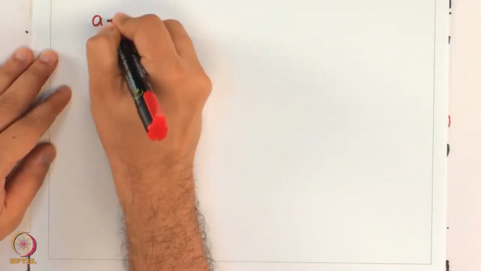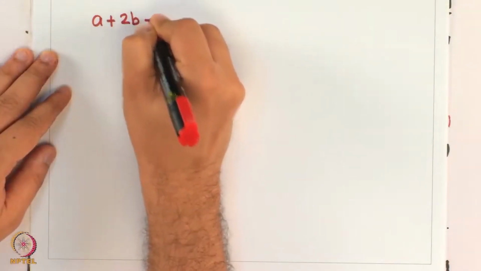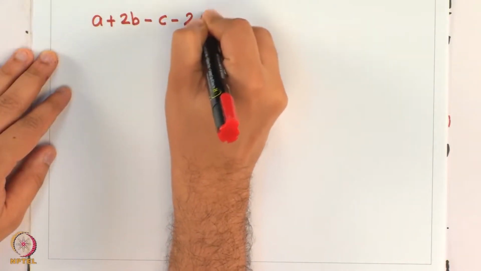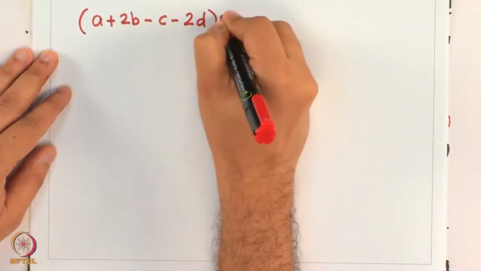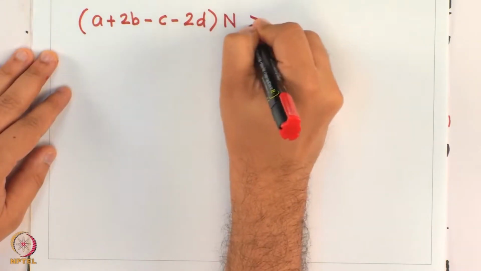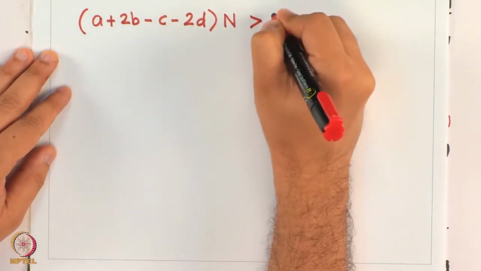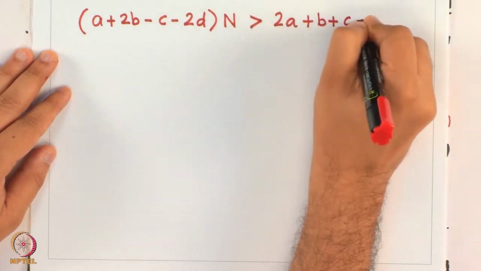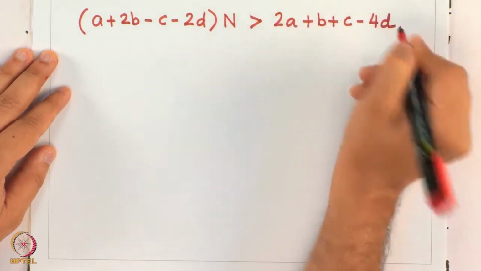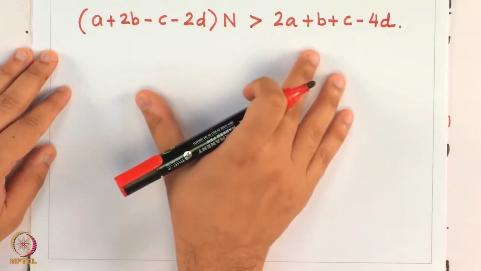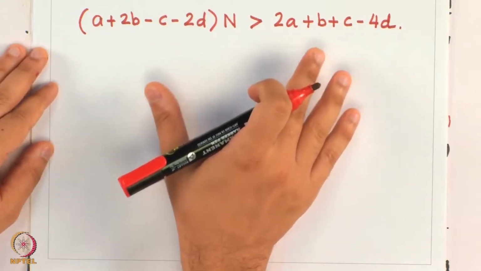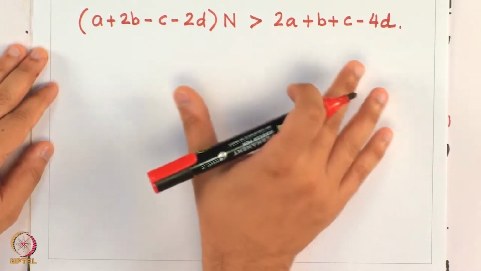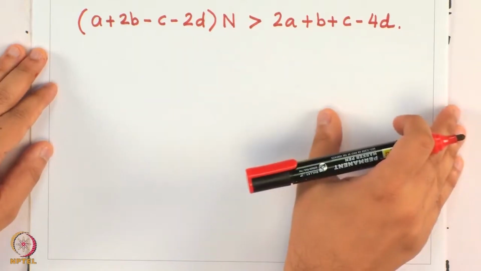So, if I do that substitution, I get a relationship that A plus 2B minus C minus 2D, times n, should be greater than beta, which is just equal to 2A plus B plus C minus 4D. This is the condition that has to be satisfied if my mutant has a fixation probability of more than 1 by n.